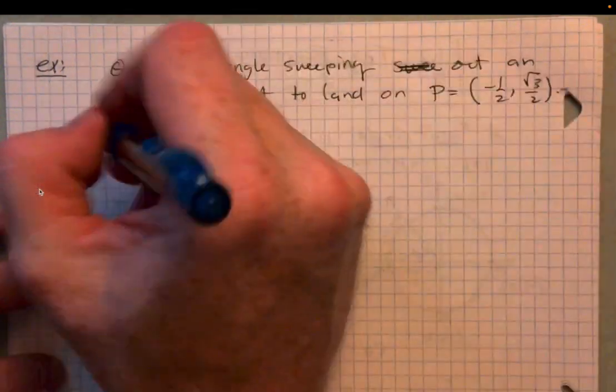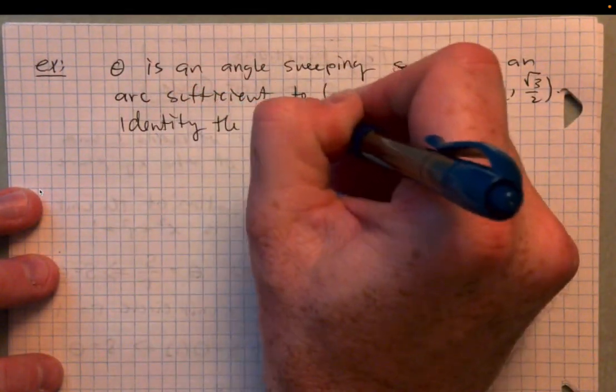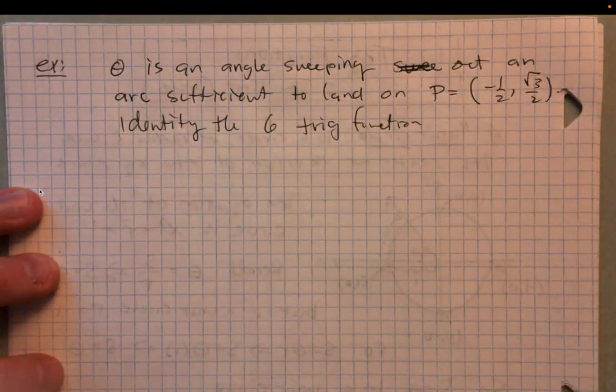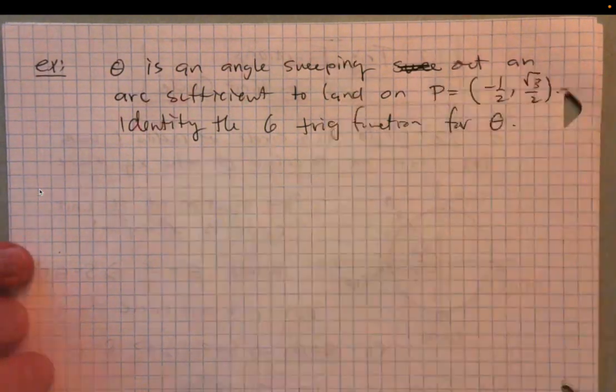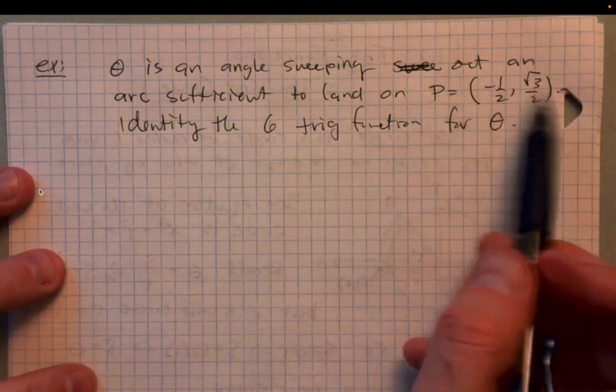Okay. Identify the 6 trig functions for theta. So we're not told what theta is, we're just told that it sweeps out an arc and lands on the unit circle here.